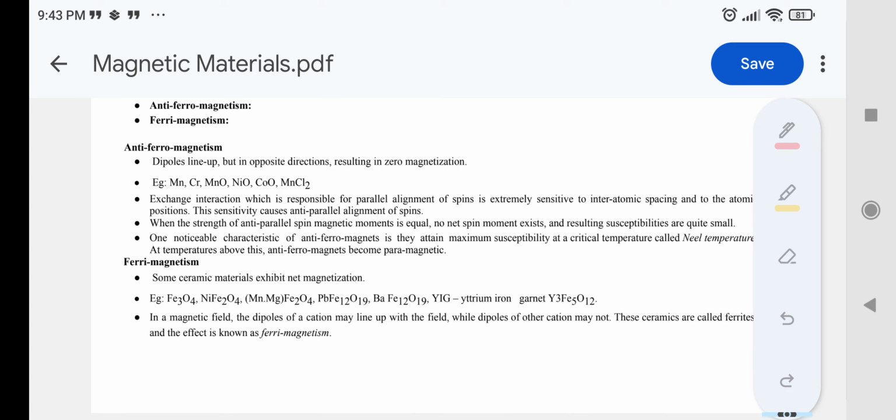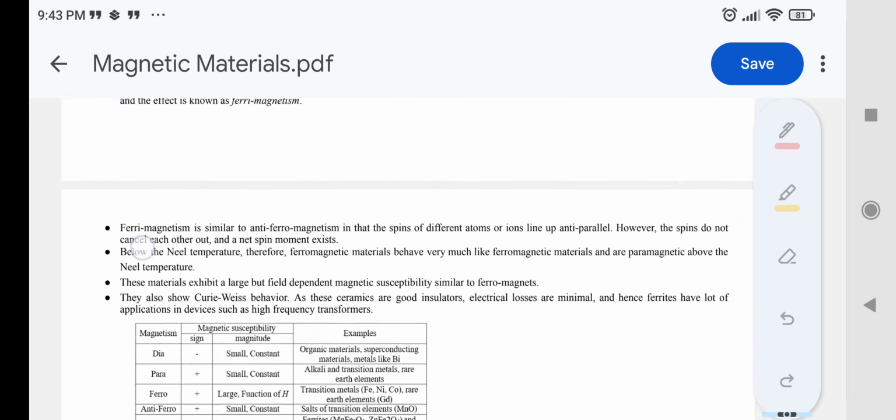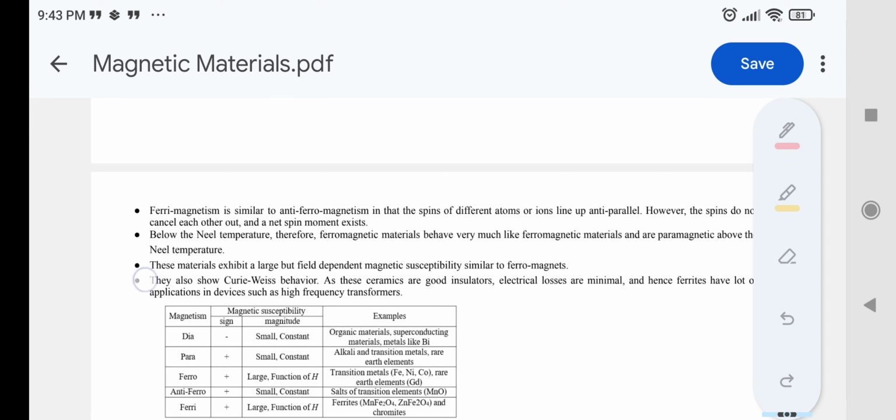So the materials which show antiferromagnetism are manganese, chromium, manganese oxide, nickel oxide, cobalt oxide, manganese dichloride. All this shows antiferromagnetism. Ferrimagnetism is the materials which exhibit a net magnetization. So iron oxides, nickel iron oxide, most of the iron oxides, all these materials show a net magnetization which you call ferrimagnetism.